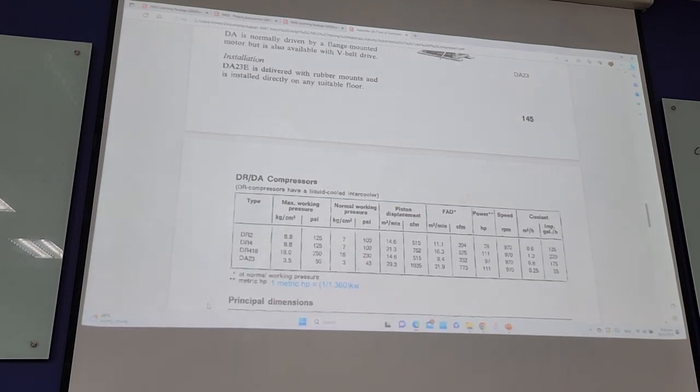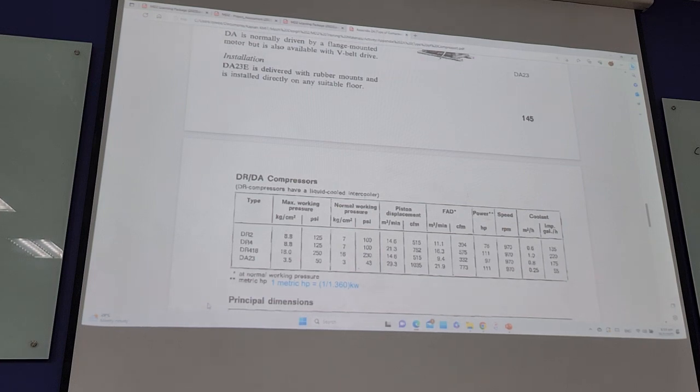Anyone? How to convert 125 psi to Pascal? From your previous module. Anyone? How to convert psi to Pascal? Alright, so just to round up, it's times 6.9 kilopascal.